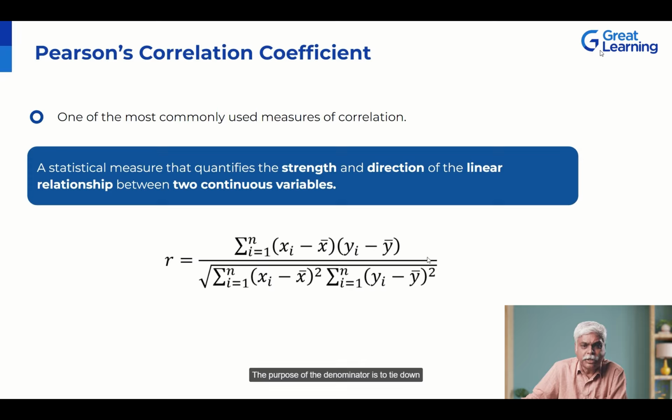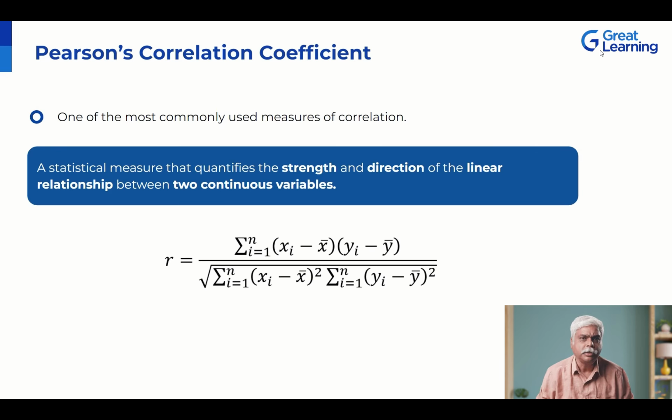The purpose of the denominator is to tie down this number to between -1 and +1. Because I can always change my units of x and y to make this numerator whatever I choose. I choose to measure sales in thousands of units. But now I choose to measure sales in single units. So if I sell 1,000 phones, I can measure it as 1 unit in thousands or 1,000 units in units.